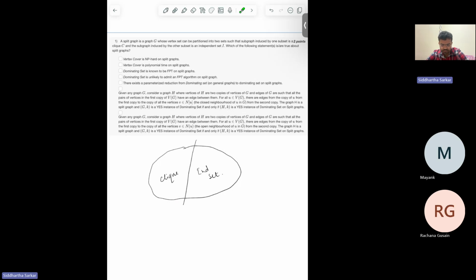So if the vertex cover problem on split graphs is NP hard, then one should find a reduction from a known NP hard problem to this problem. Otherwise, one should design an algorithm that runs in polynomial time and finds a vertex cover for split graphs.